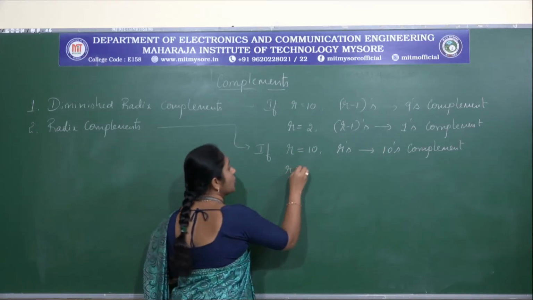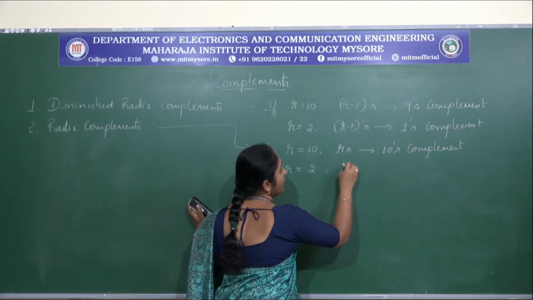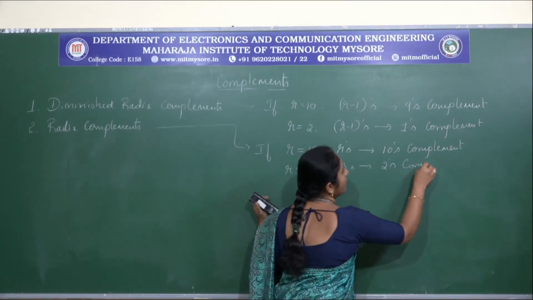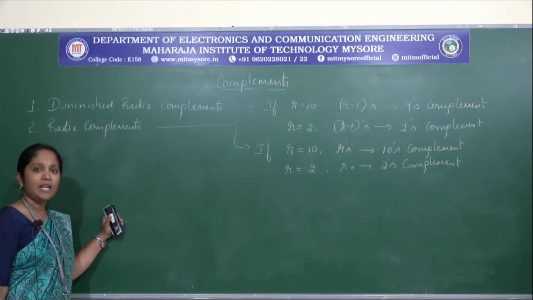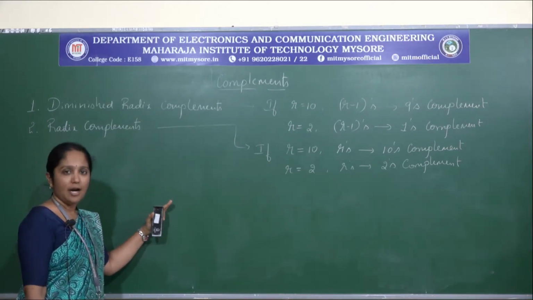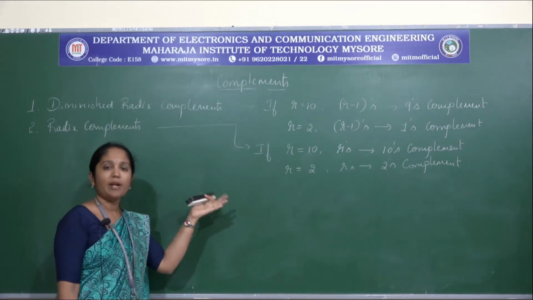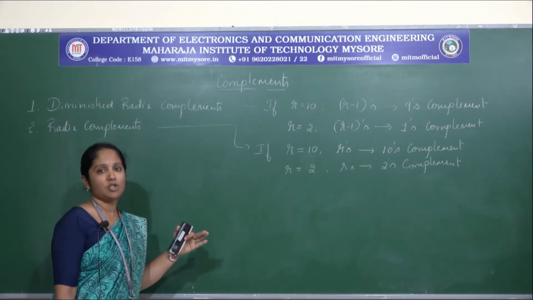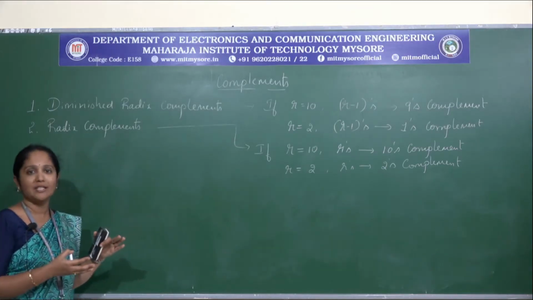And if the base is 2, it is again represented as r's complement, in the sense 2's complement. Therefore, in today's class we will be learning about r's complement and r minus 1's complement, in other words 10's complement, 2's complement, 9's complement and 1's complement. These are the four different types of complements we are going to learn today.